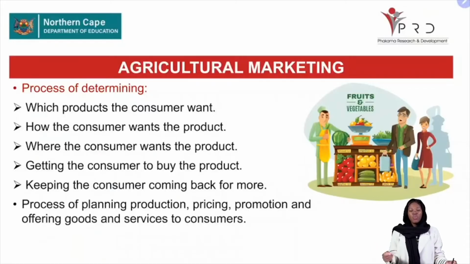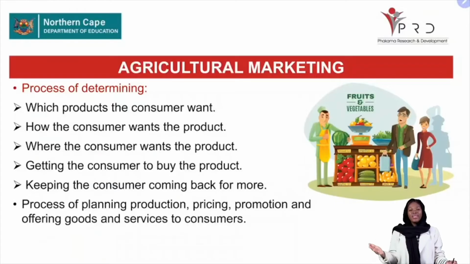Meaning today, we are producing, we are delivering, and we are selling. And we are not forgetting that we need to satisfy the consumer's needs. We are producing, we are transporting, we are delivering, and we are satisfying the consumer's needs.